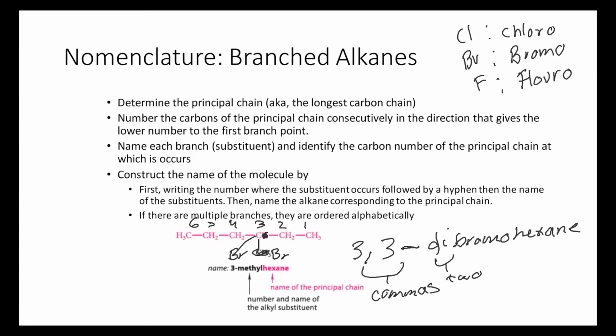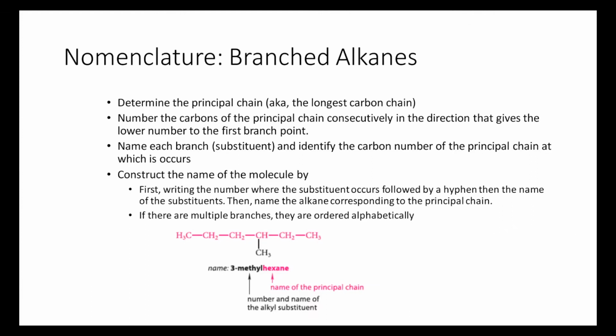If there were 3 bromos, we would say tribromohexane. So it's 3,3, separating numbers with commas and separating words with hyphens. That's how you would name this.